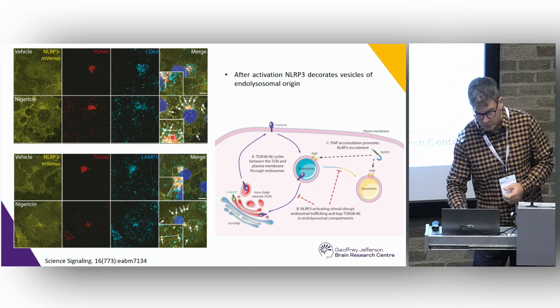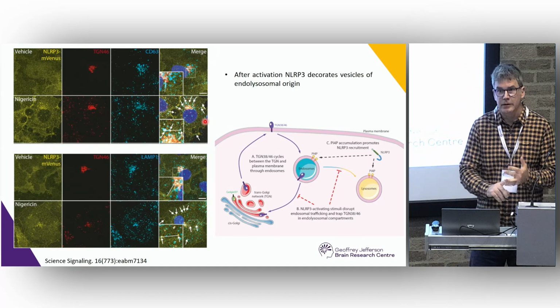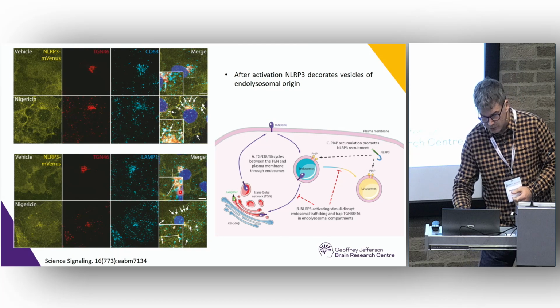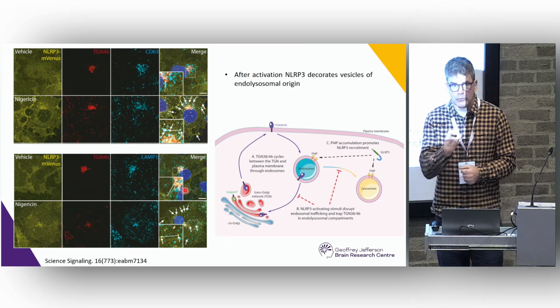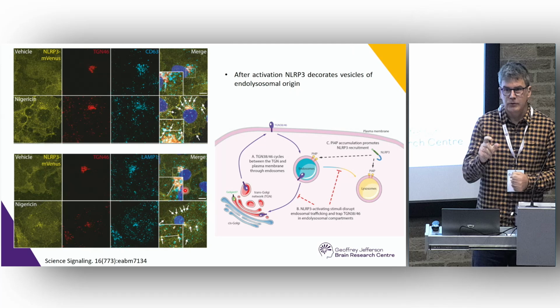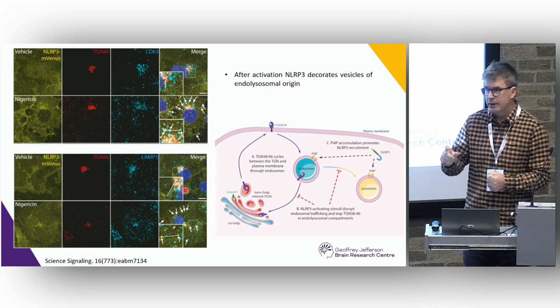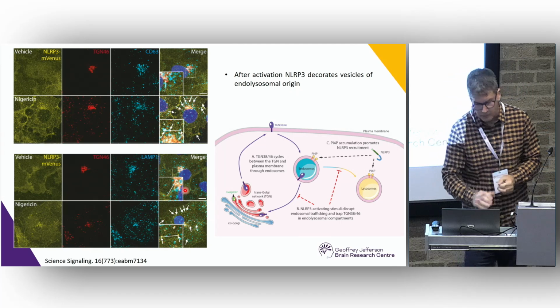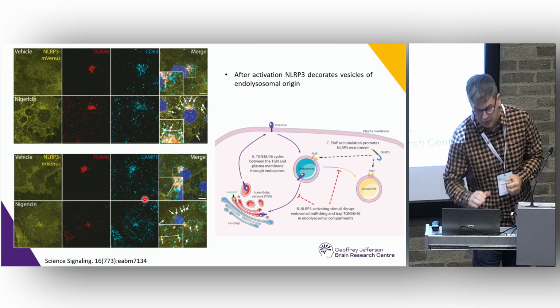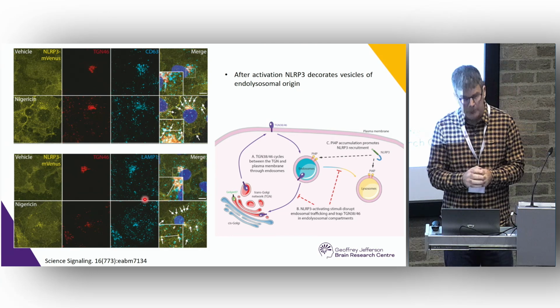So endosomes, I'm showing here CD63, which is the marker of late endosomes, and also LAMP1, which is the marker of lysosomes. So when we disrupt the trafficking of endosomal cargoes, we see NLRP3 decorating vesicles of the endolysosomal system.